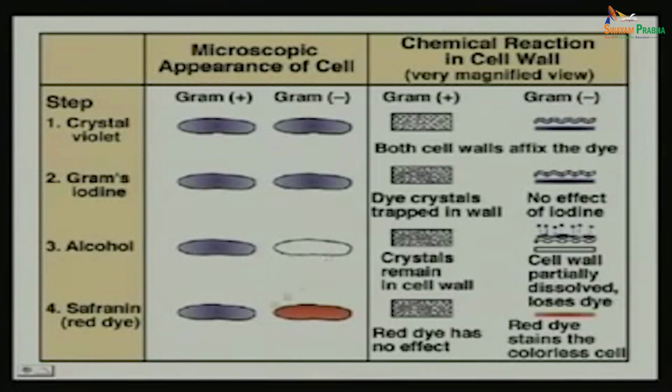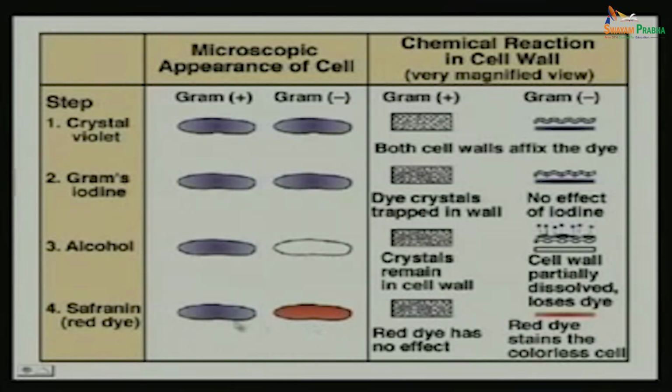Then when we counterstain the cells with safranin dye, the group which has already retained the crystal violet color cannot bind the new counter dye, while the group of bacteria which do not have any such dye within the cell wall can bind the red dye.